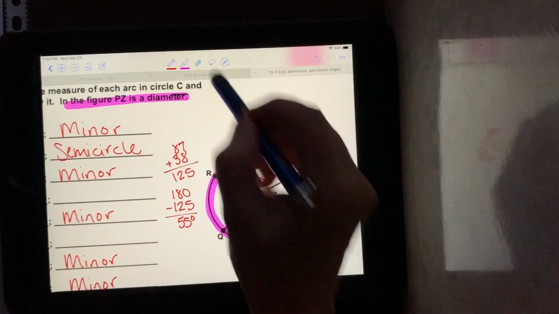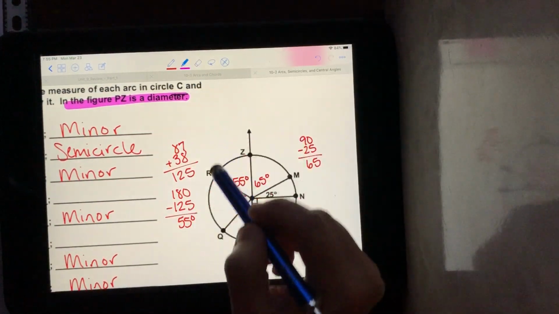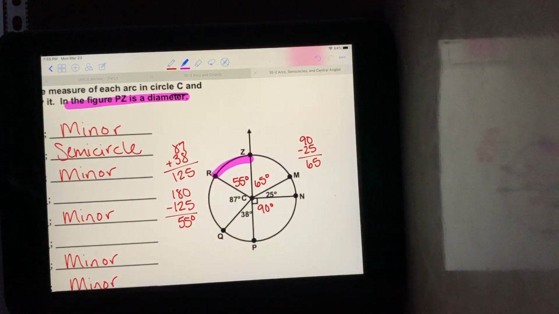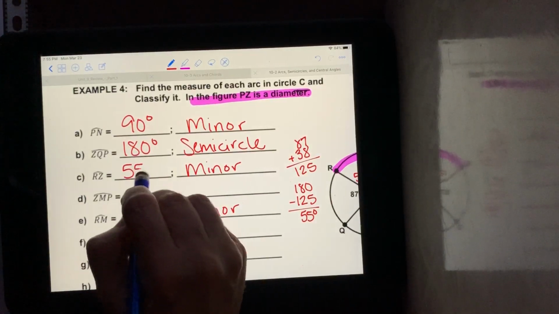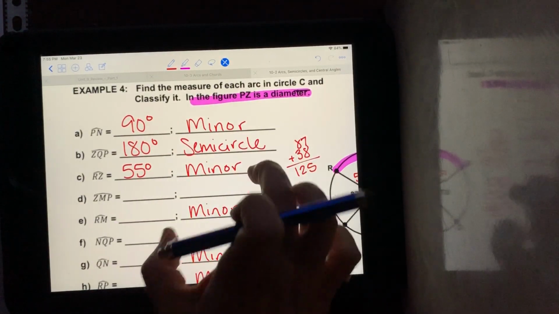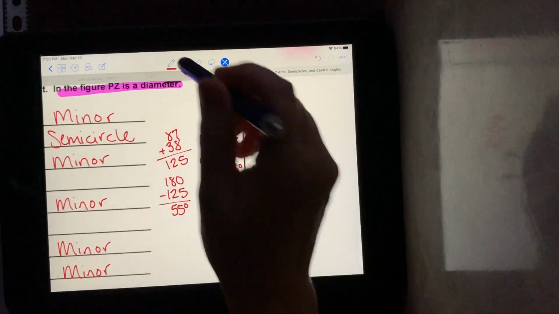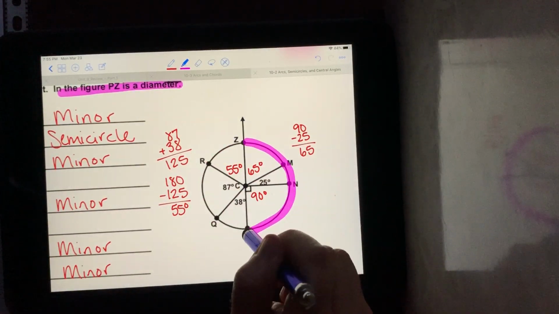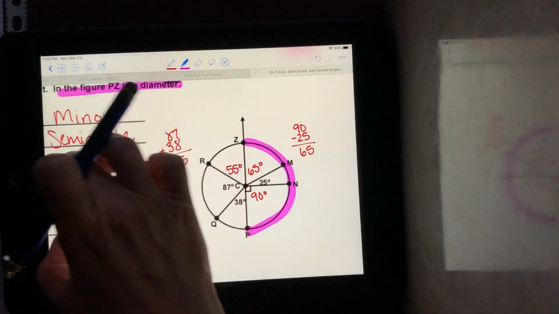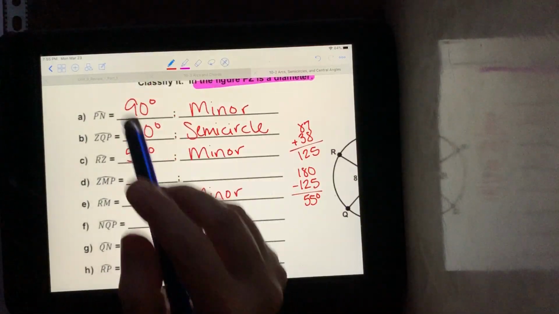Okay, RZ. RZ is just one little minor arc connecting one angle, so we know that that's 55 degrees. ZMP, let's connect that one. Z to M to P, so again, another semicircle. We don't have to worry about adding things up.